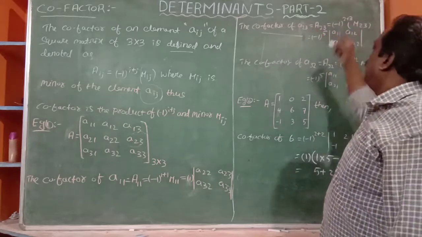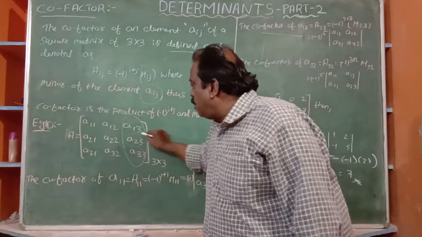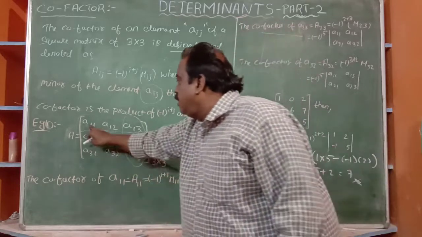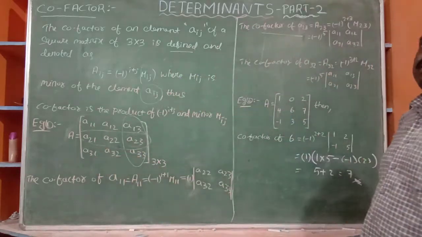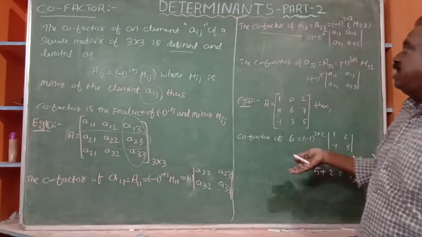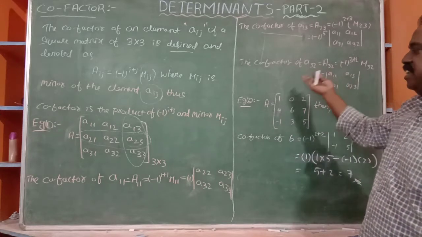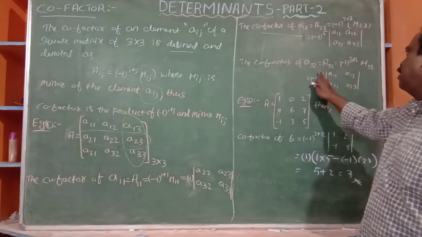M23 means you delete the second row and third column. Here minus 1 power 2 plus 3 is 5. Minus 1 power 5 means we get minus 1. Like that, we can take another one also, A32. We can easily find this one.